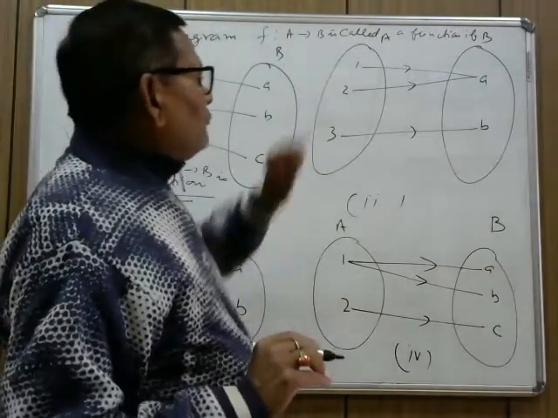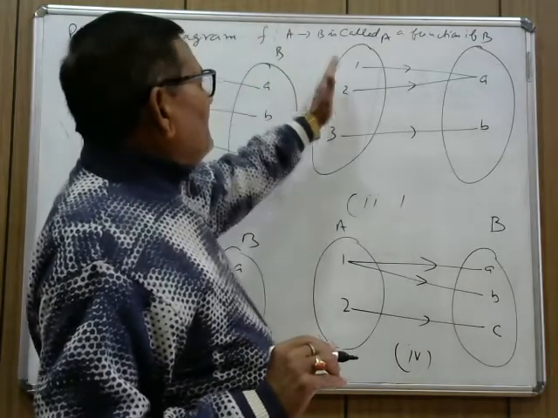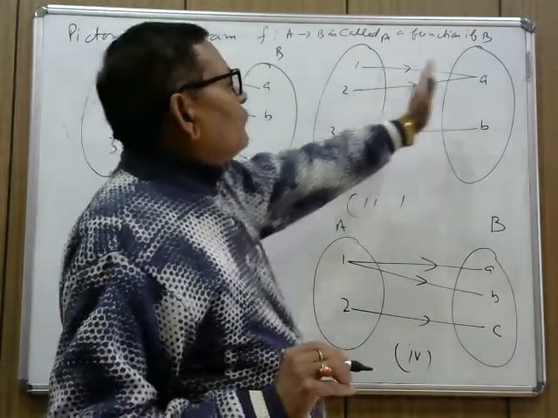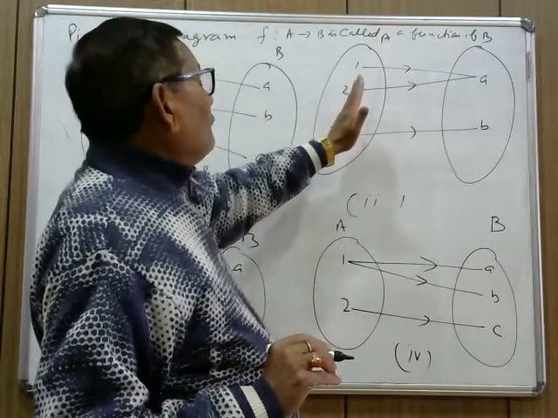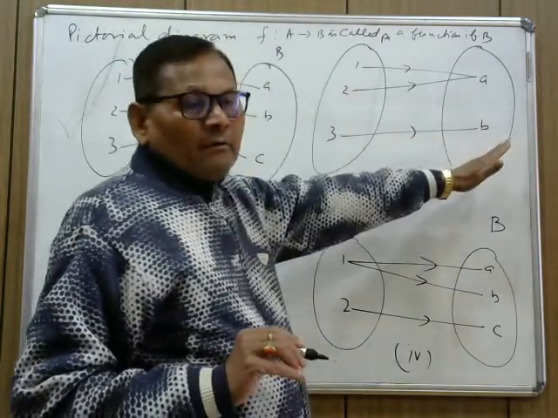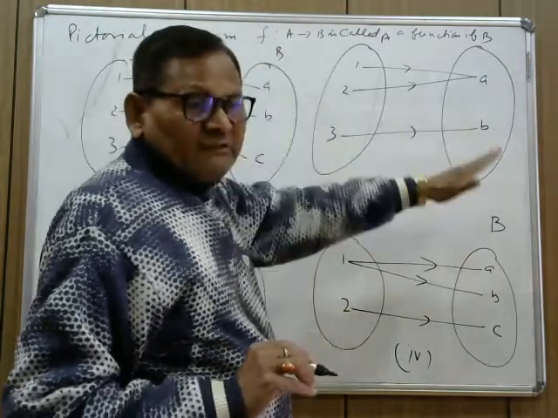Now you come to the second part. Here all the elements of set A are associated. There is no element in A which is not associated with an element of B, so the first condition is satisfied.